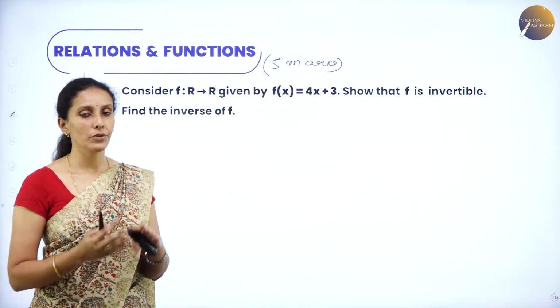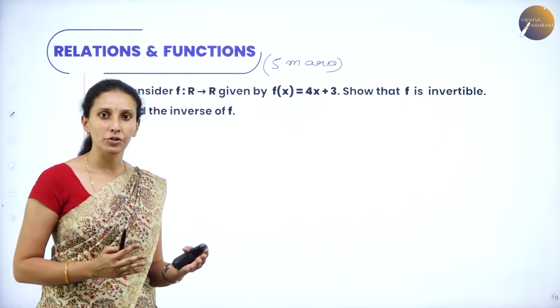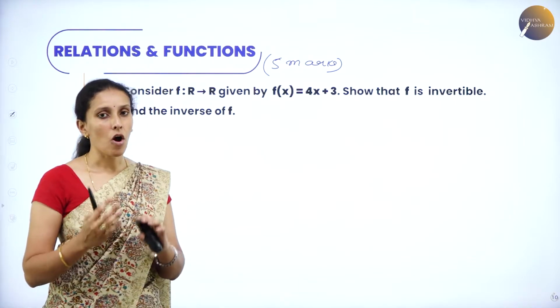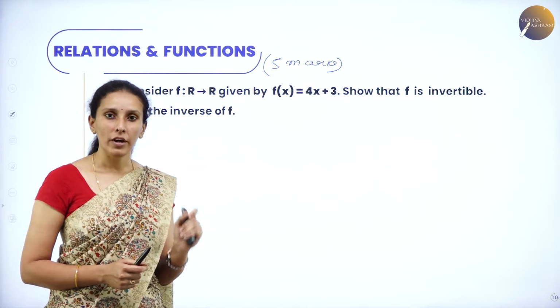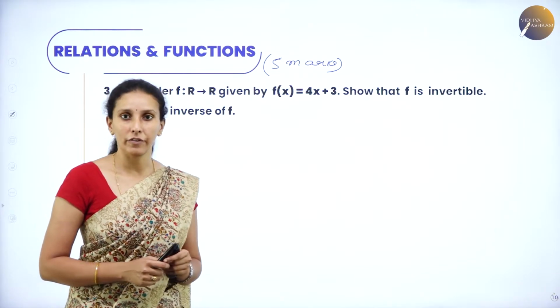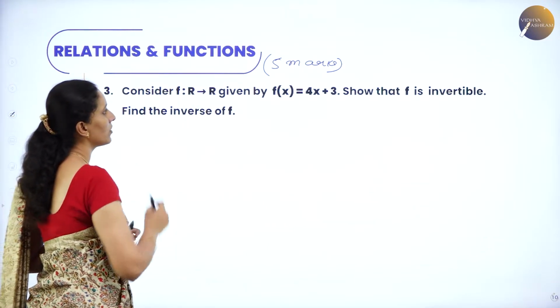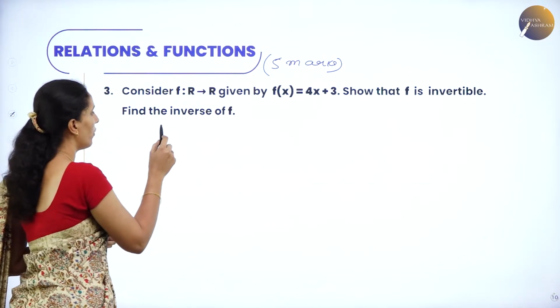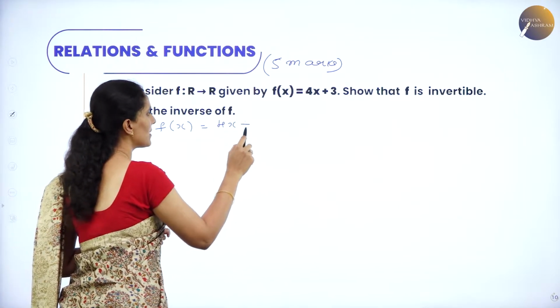I already said to you, by showing F is 1-1 and onto, we can show that the inverse exists, or by the method of composition of functions, that is, showing g∘f and f∘g are identity functions, we can write the inverse of a function. So here, given F is a function from R to R, F of x is equal to 4x plus 3.